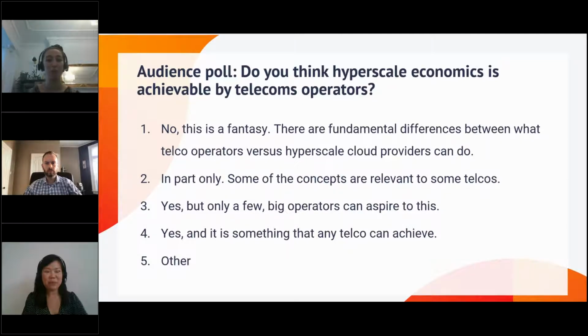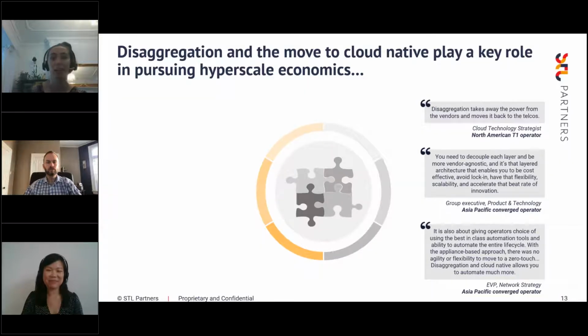So if we dive into a bit more about how telcos can actually go about and become that 23% that actually can achieve hyperscale economics. So we did find a pretty general consensus amongst all of our interviewees that moving to cloud native and to a more disaggregated model within telco networks can enable hyperscale economics.